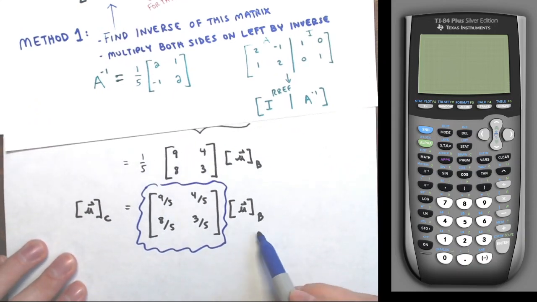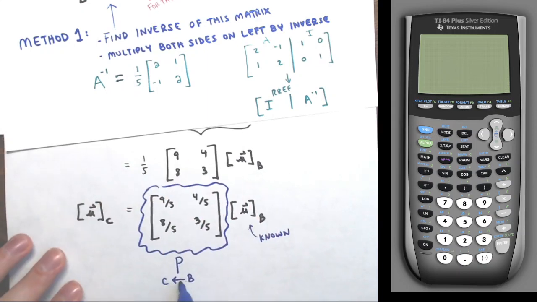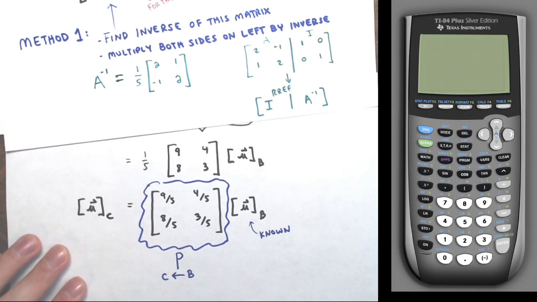Because if I know the coordinates of u with respect to B, all I have to do is multiply by this matrix, and it gives me the coordinates of vector u with respect to C. So that's the change of coordinates matrix from B to C, with B on the right, C on the left, the arrow. If you had it the other way around, you would just switch the arrow. So let's test it out, and then I'll show you method 2.